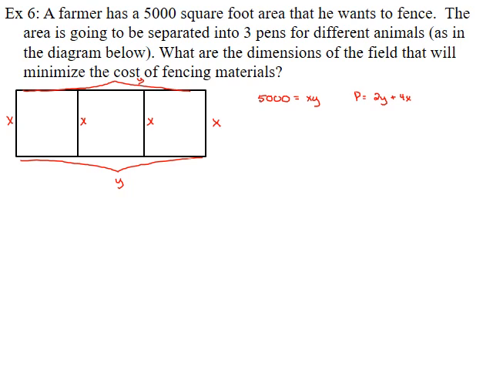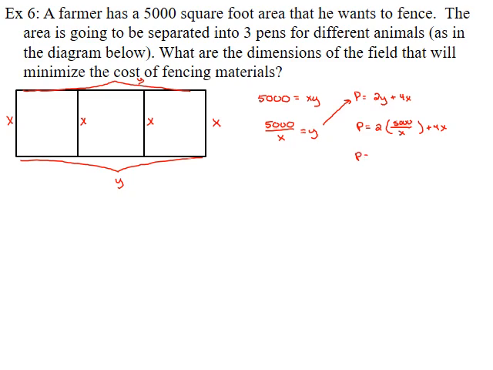The problem is that I can't minimize this until that y goes away. So in my area formula, to get y by itself, I'm going to divide both sides by x. So 5,000 divided by x is y, and I'm going to plug that into my perimeter formula. Perimeter would be 2 times 5,000 over x plus 4x.